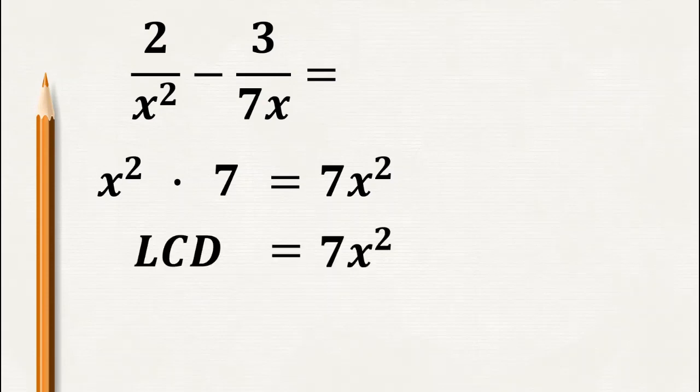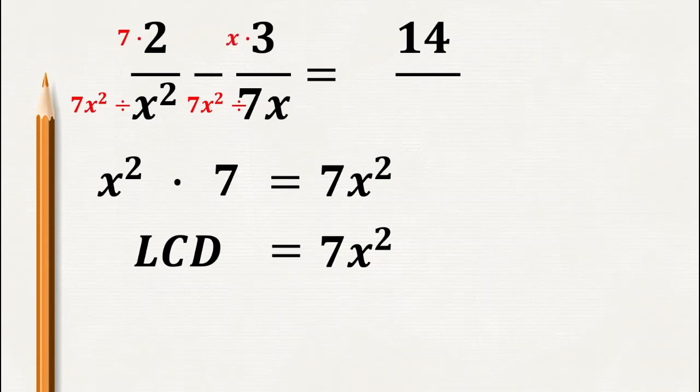Next, we will divide the LCD by our denominators, that is 7x squared divided by x squared. The quotient will be multiplied to our numerator. So the quotient of 7x squared and x squared is 7, times 2 is 14. Next, 7x squared divided by 7x is x, times 3 is negative 3x.